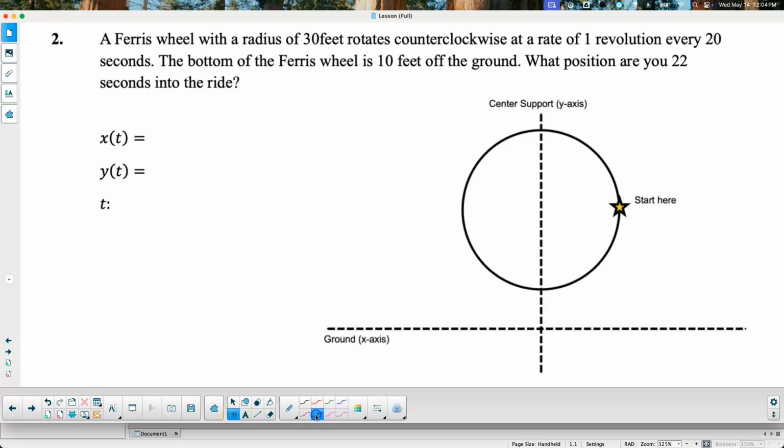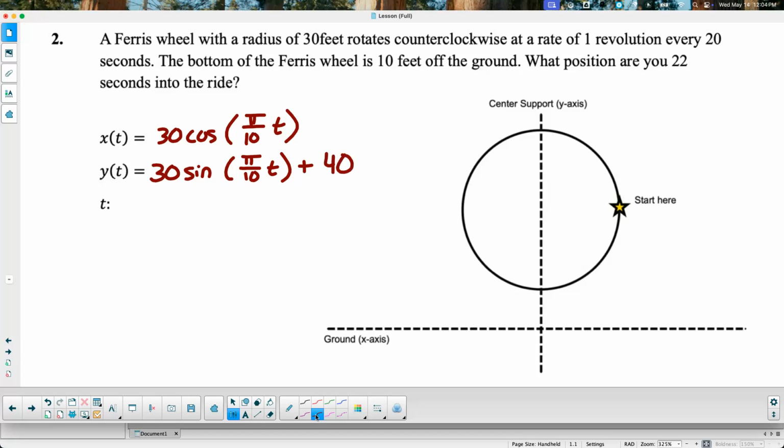Okay? So the 2 equations that we had were 30 cosine of pi over 10 times t and 30 sine of pi over 10 times t, but then we had a plus 40 there.